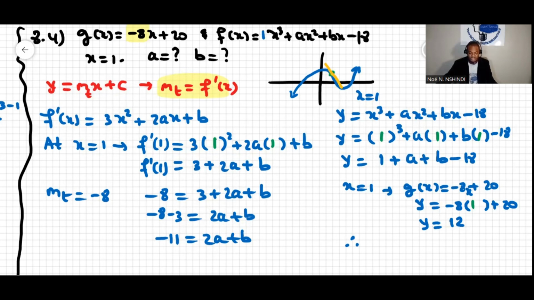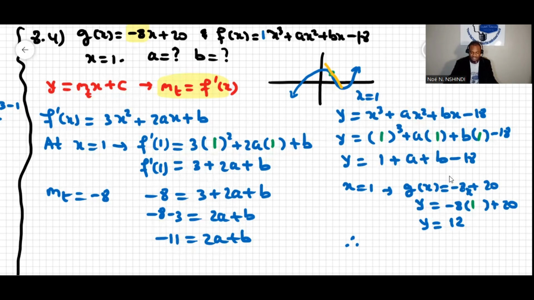Let me repeat what I said. The y value here is on the curve, at the same place where the tangent line touches the graph. So if I sub in 1 on the curve, I get this equation. If I sub in 1 on the straight line, the tangent line, I get y equal to 12. So therefore, y equal to 12.